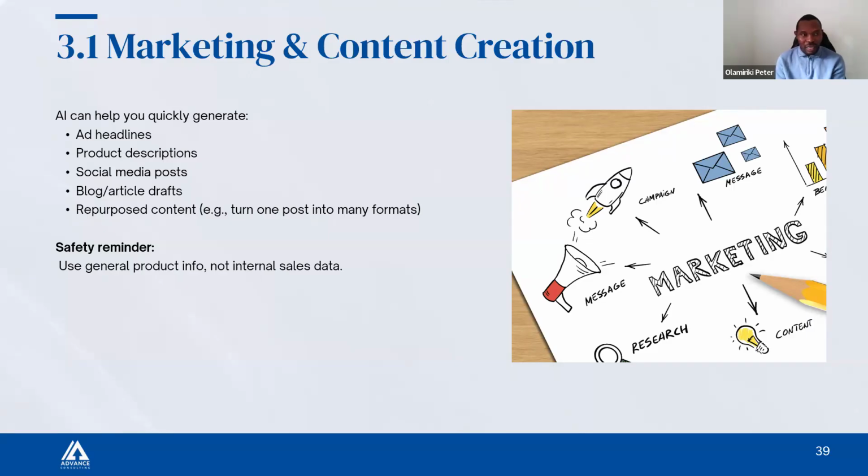With the use of AI, you can quickly generate advertisement headlines. You can quickly write out compelling product descriptions. You can also quickly make your social media posts, and quickly generate articles that are relevant to your businesses. And then you can repurpose content from different authors and turn it into any format or any post that you may want.